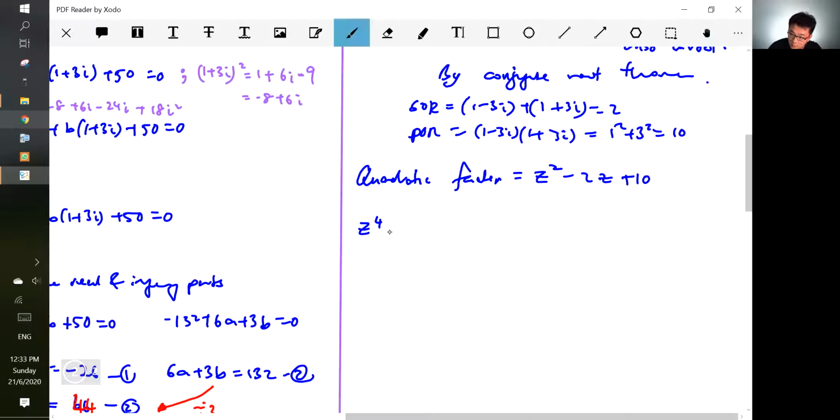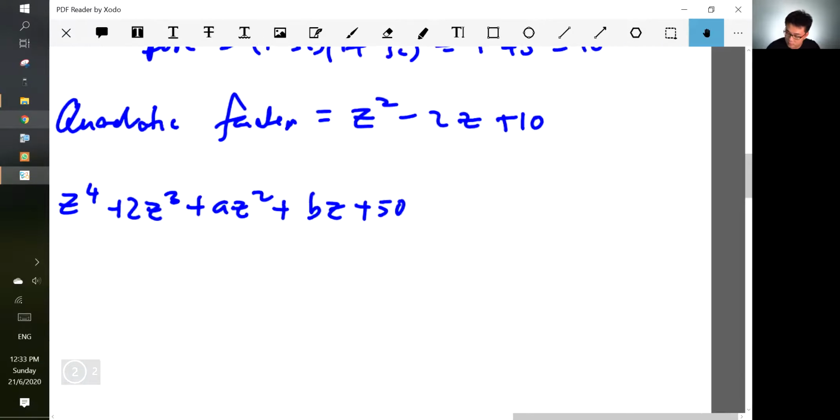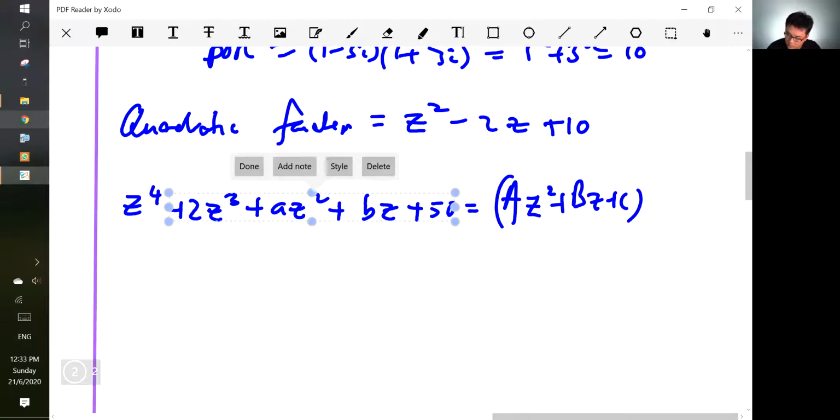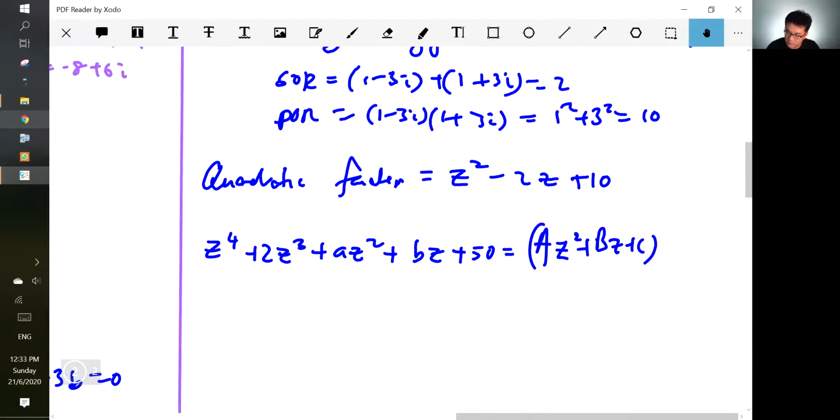Z4 plus 2z cubed plus az square plus bz plus 50 will be equals to, let's just use a z square plus bz plus c lah. Then you just multiply them because this is power of 4, so quadratic times quadratic will give power of 4.